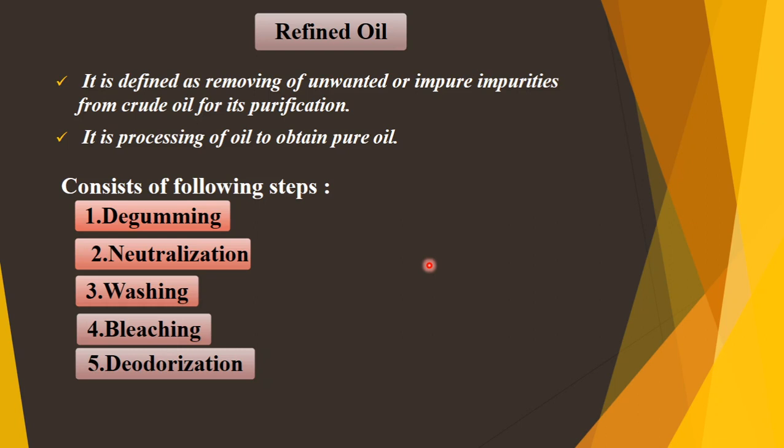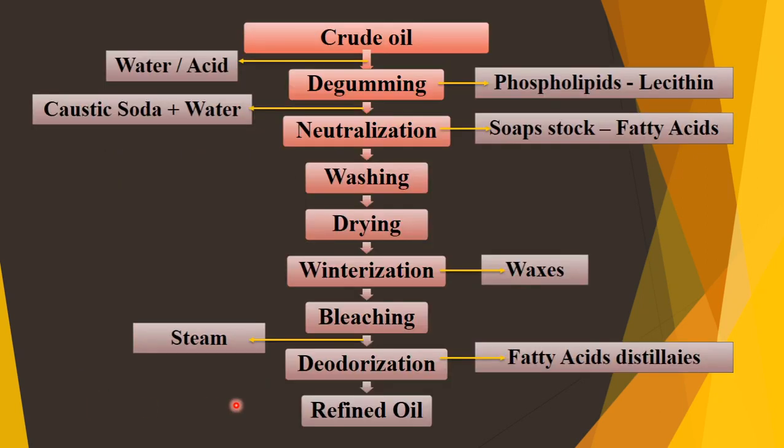Okay, this oil processing is the processing of oil to obtain pure oil. It consists of the main 5 steps, that is degumming of oil, neutralization of oil, washing, bleaching of oil and deodorization of oil. Now here is the general procedure for refining of oil.